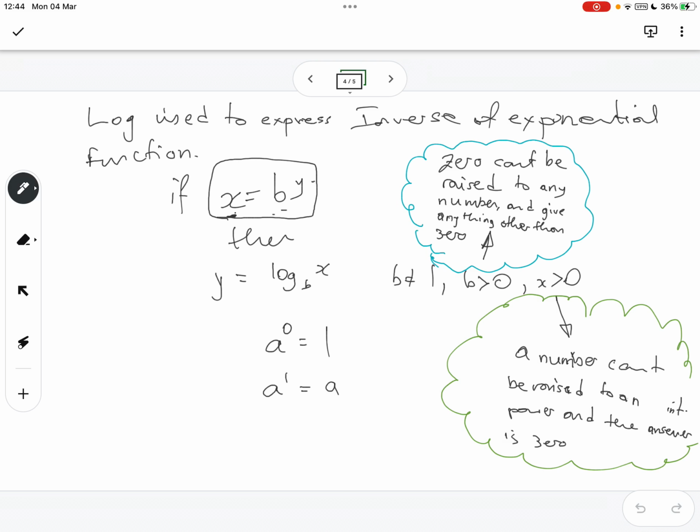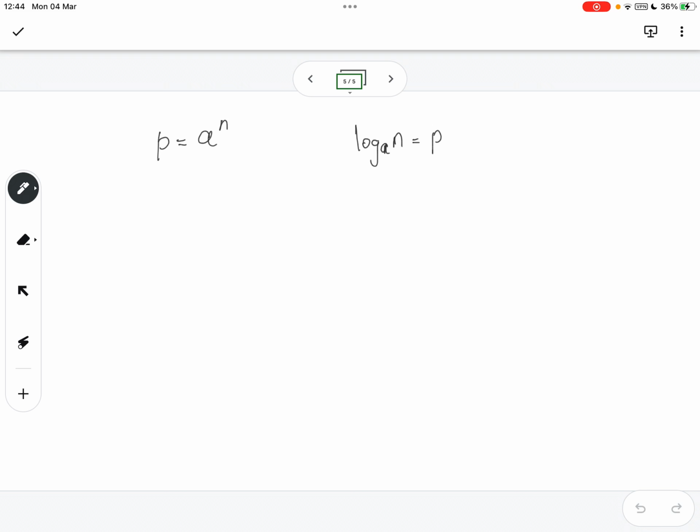Okay. And it looks so trippy now. Log to base b equals x. Shouldn't it be the power?